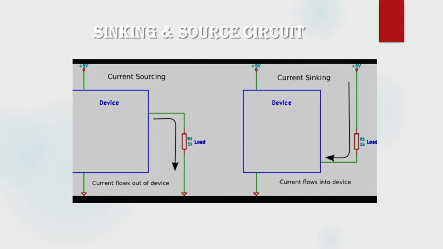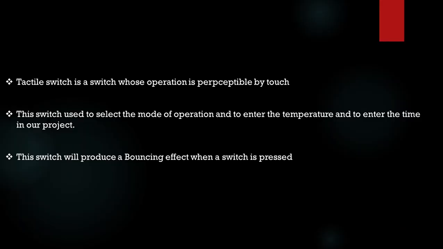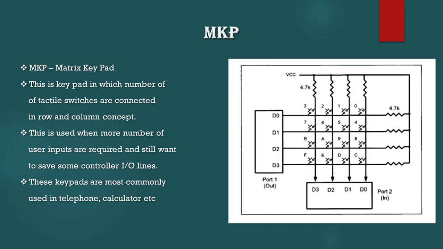And coming to sinking and source circuits, in a sinking circuit the current flows from the device onto the ground, and in a source circuit the current flows from the source to the device. A tactile switch is a switch whose operation is perceptible by touch.